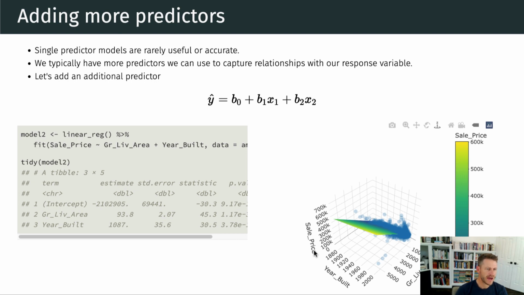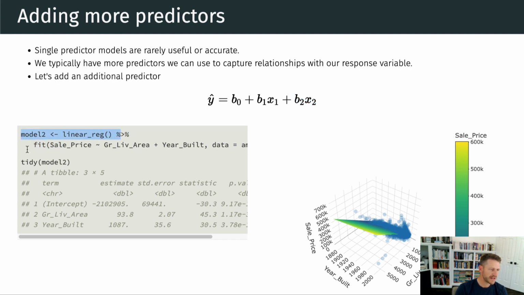And when we do that, let's say we add a single additional predictor, now our equation simply becomes this, where we have what we saw before, y hat equals beta naught, our intercept, plus the coefficient for our first predictor variable. And then we're going to add the second part here, which is adding a second coefficient for our second predictor variable.